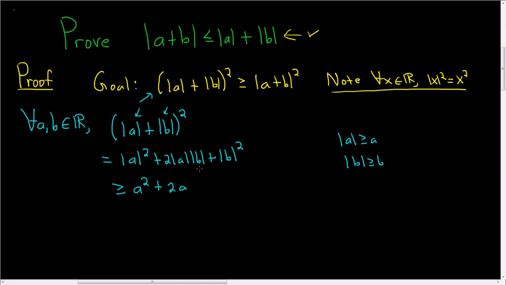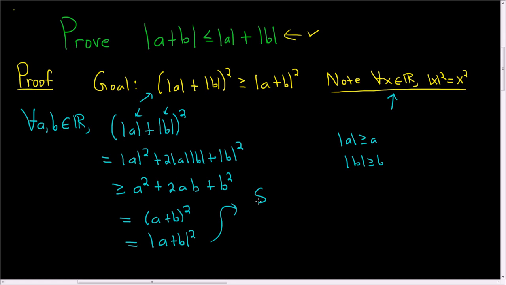So we can replace the absolute value of b with b. And again, using this property here, we know that the absolute value of b squared is simply b squared. And so this is equal to a plus b quantity squared. But this is the same as the absolute value of a plus b squared.